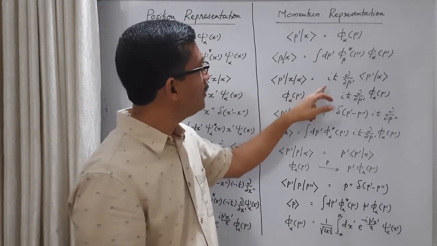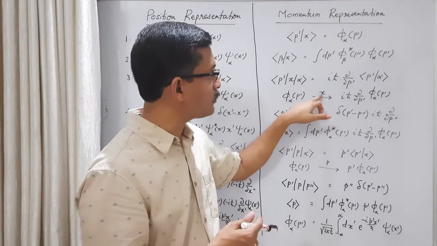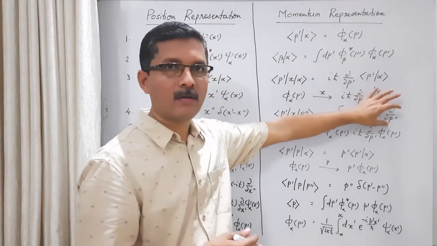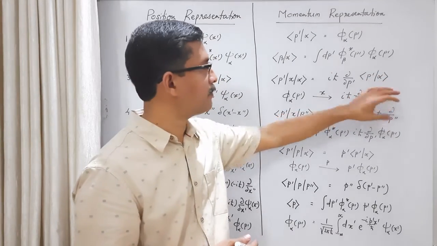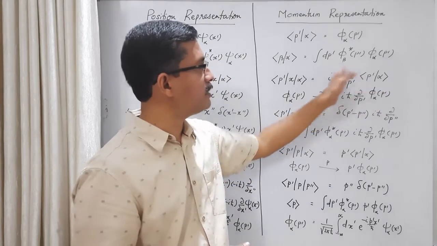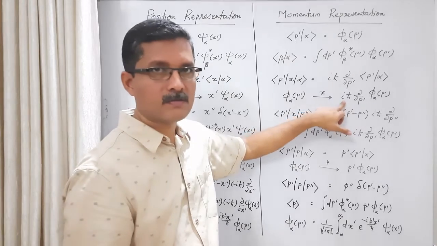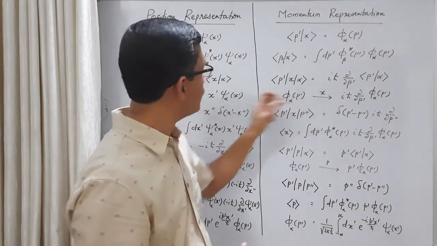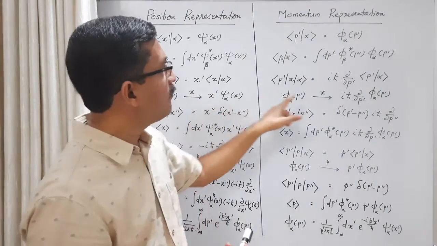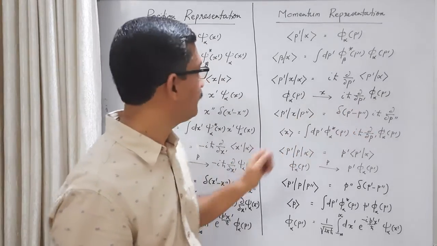Here the momentum space wave function becomes, under the action of the position operator, i h cross dou by dou p prime acted on the momentum space wave function. So the momentum space wave function is differentiated with respect to p prime and multiplied with i h cross. That's why the position operator in position basis is simply multiplication with eigenvalue x prime, whereas the position operator in momentum space will be i h cross dou by dou p prime.